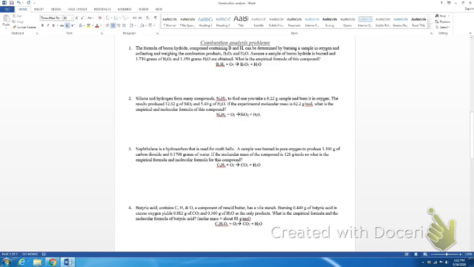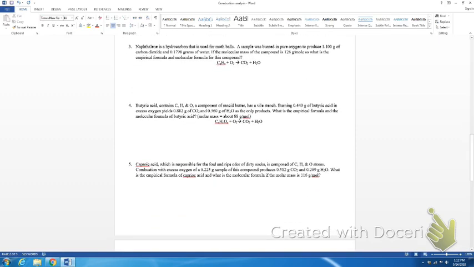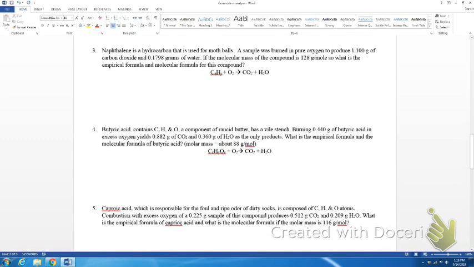But what you should notice is, again, oxygen's a reactant and water's a product. To stick with the ones I was just going over, I'm going to do question 3 and question 4. Question 3 is an easy problem, while question 4 is a hard problem, and then we'll compare and contrast the differences.